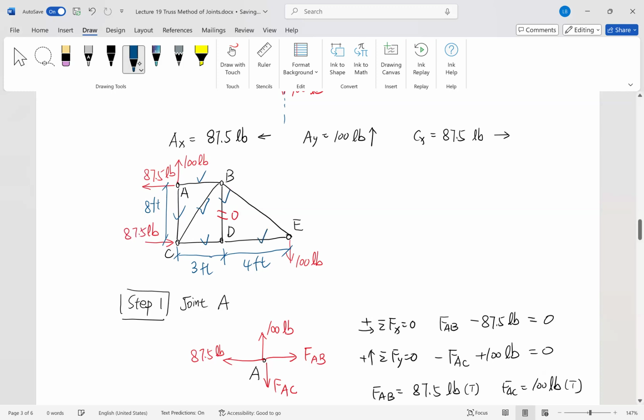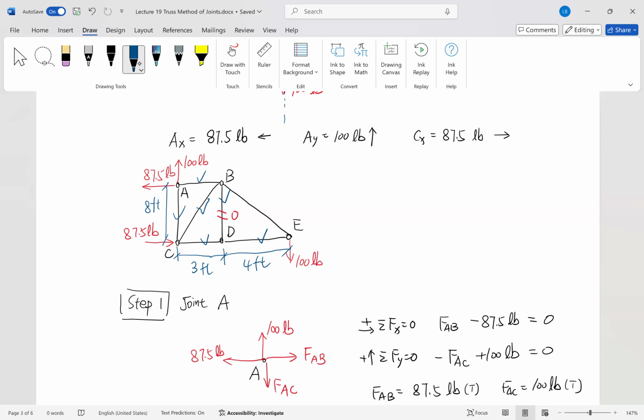Now what else do we have here? What else do you think we still need to solve? Look at what else we should go ahead and solve. It is actually the member B here, right? And which joint would we like to solve?